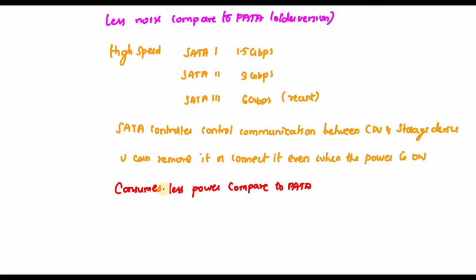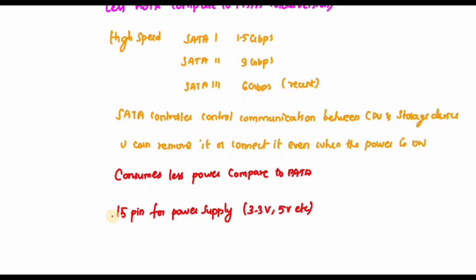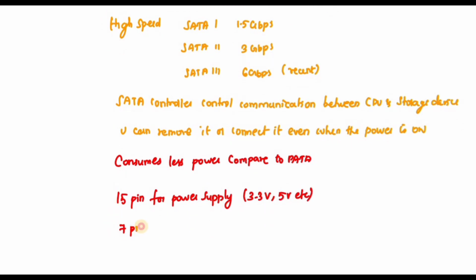Another version of the serial implementation is SAS, Serial Attached SCSI. It is primarily intended for connecting magnetic disks and CD and DVD drives.